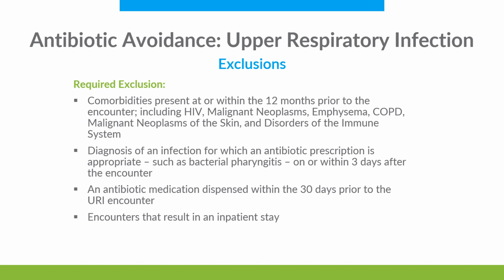Next is diagnosis of an infection for which an antibiotic prescription is appropriate, such as bacterial pharyngitis, on or within 3 days after the encounter. Next is an antibiotic medication dispensed within the 30 days prior to the upper respiratory infection encounter, and lastly, encounters that result in an inpatient stay.